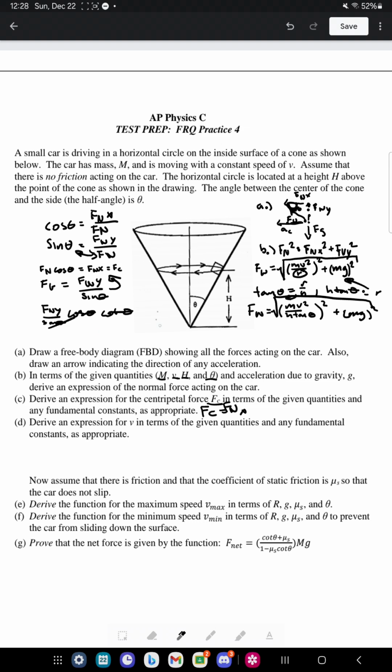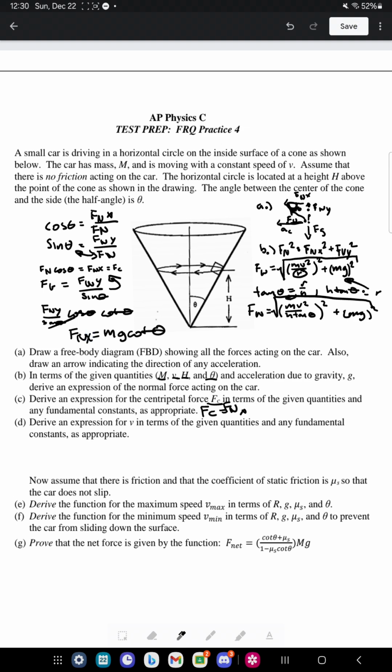And F_y we know is equal to F_g, which is equal to mg. So F_c equals mg cotangent theta, and this is F_n,x.